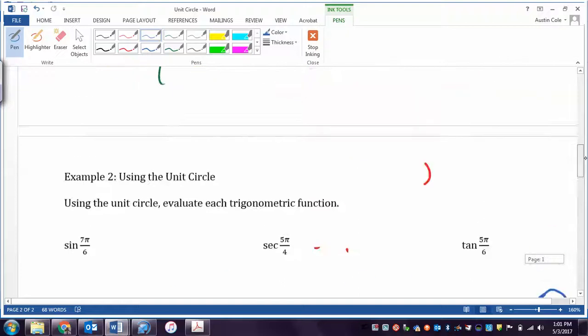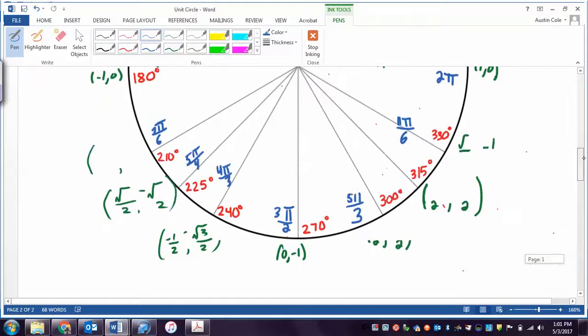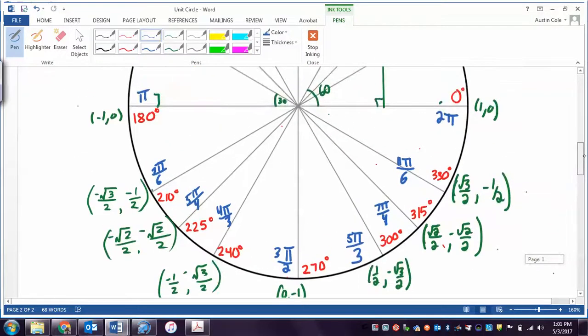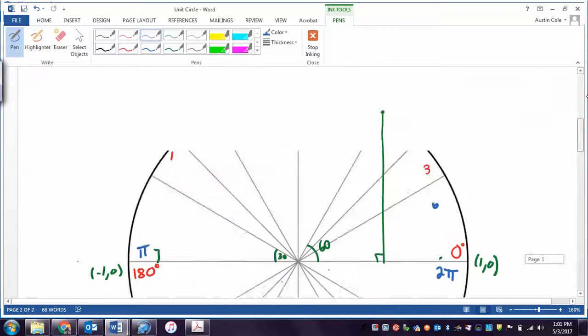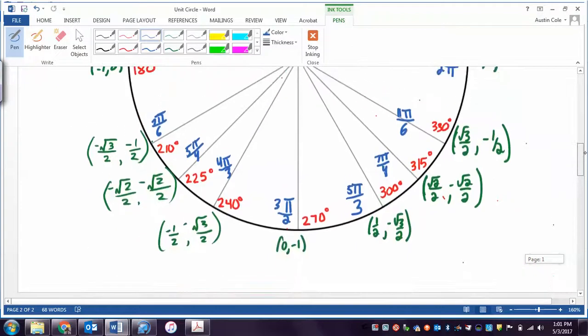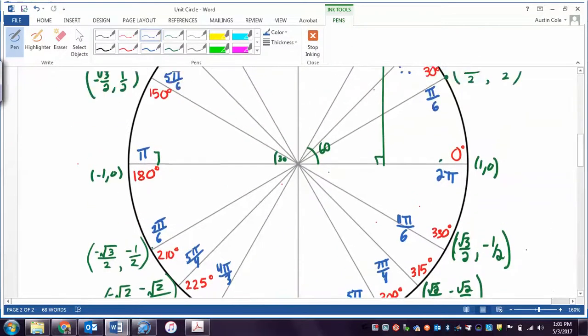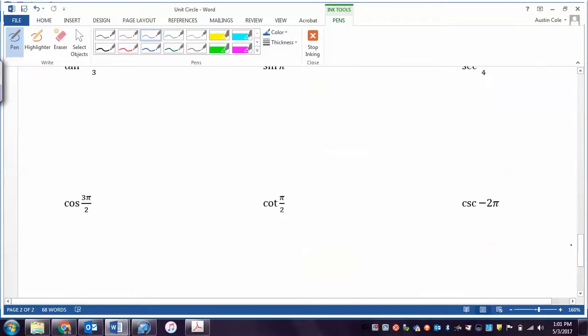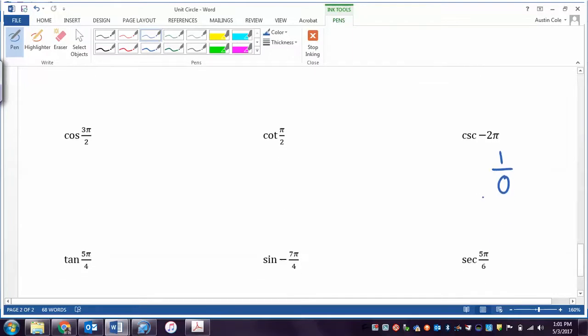So if you look back up here, cosecant is 1 over y. What's our y value here? 0. So I'm going to write that out real quick. Got 1 over 0. Can we divide by 0? No. Just like in slope, when you have something over 0, this is undefined.